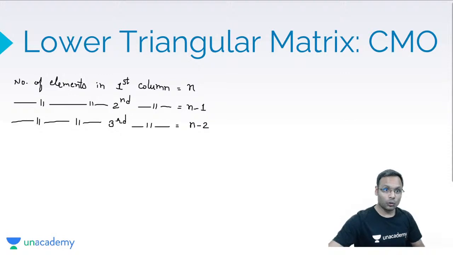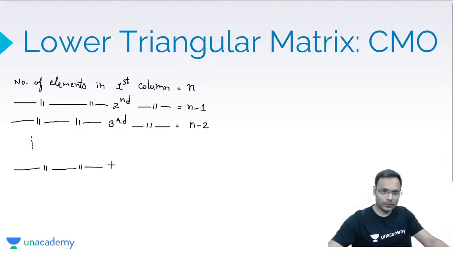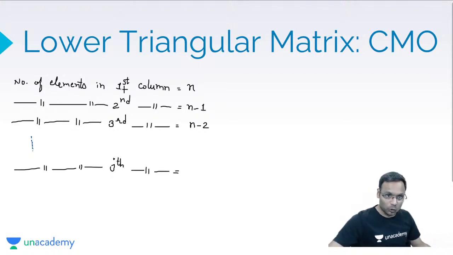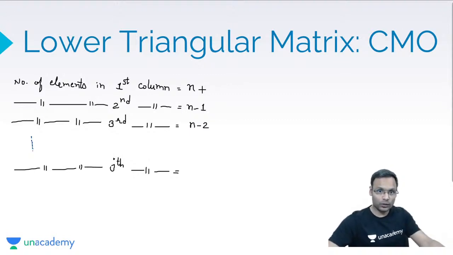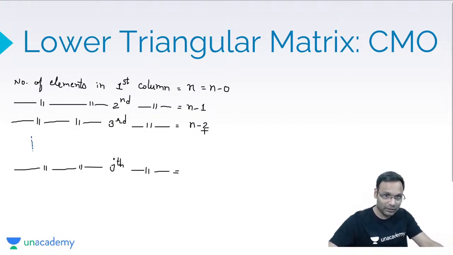Fine. So number of elements jth column will have is equal to how many? If j is equal to 1, n minus 0, right? If j is equal to 2, n minus 1. If j is equal to 3, n minus 2. If j is equal to j, how many elements?